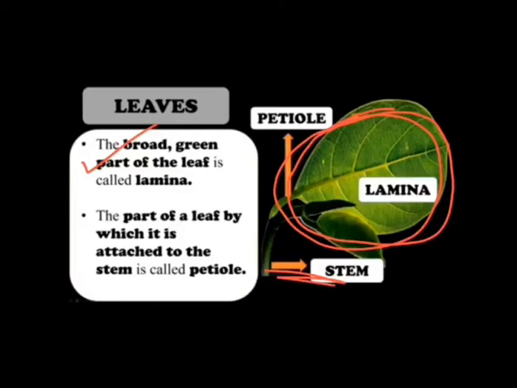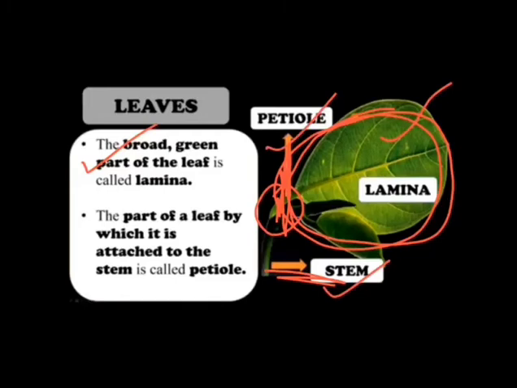So this part is known as the petiole, which attaches the leaf to the stem. Okay, so this is lamina, this is petiole, and this is the stem. All right.